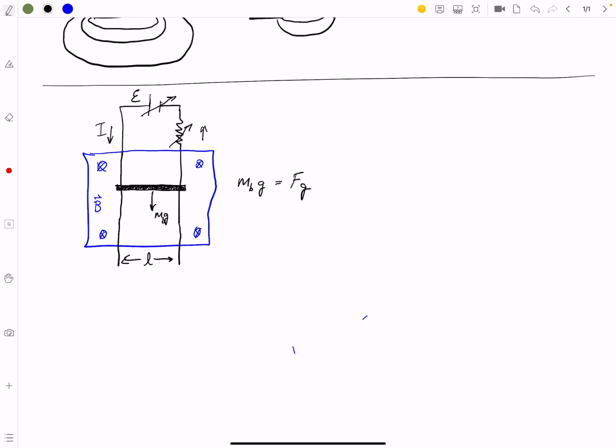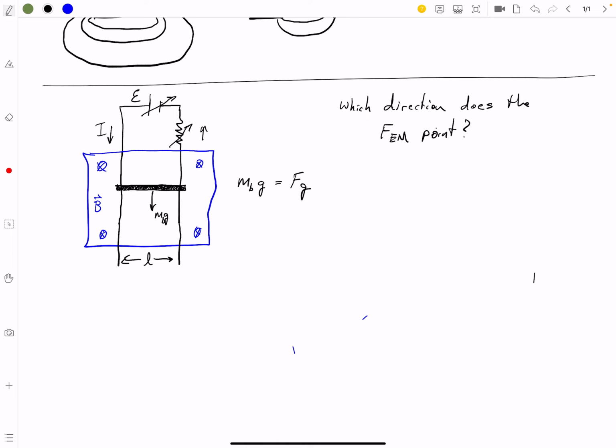We have one question. Well, we got a lot of questions. But which direction does the F_EM point?